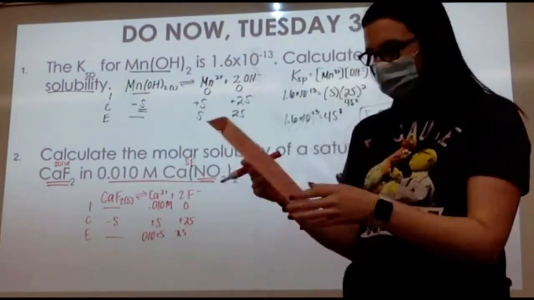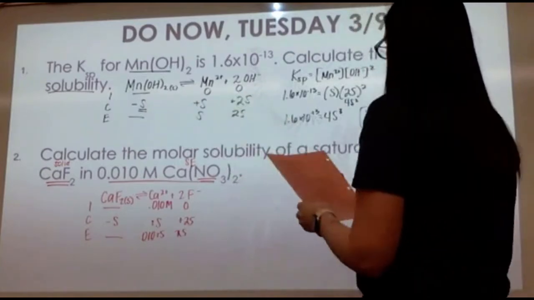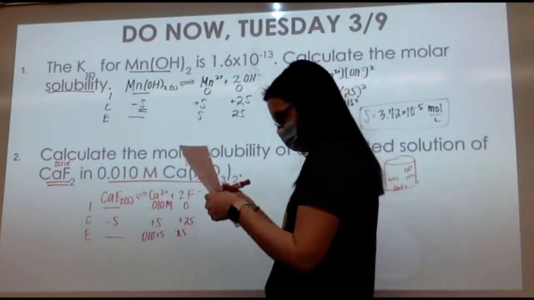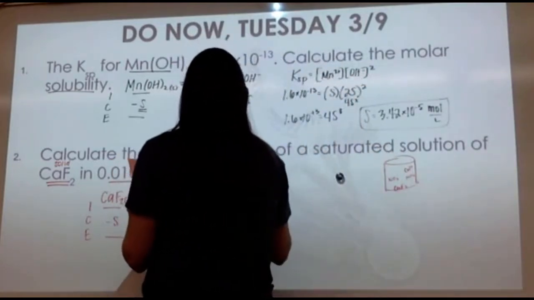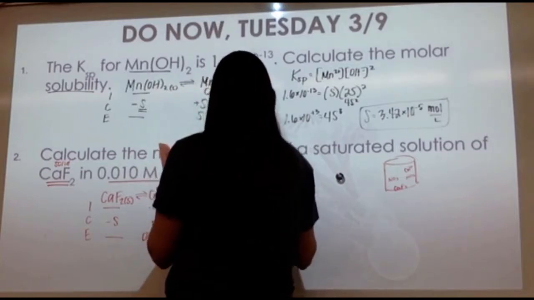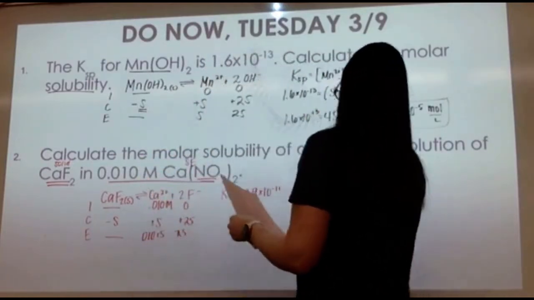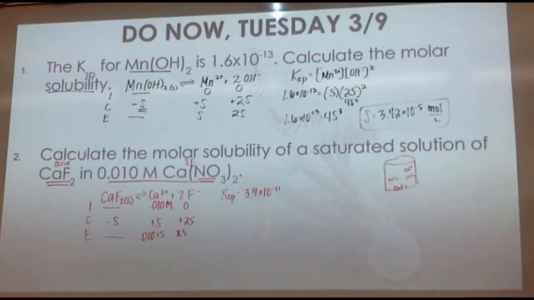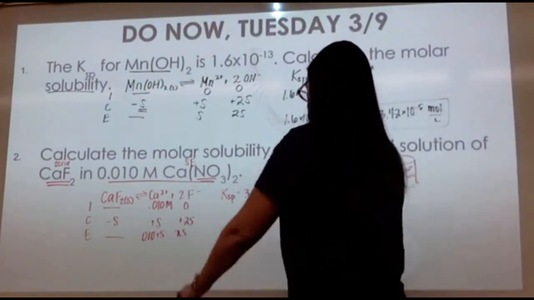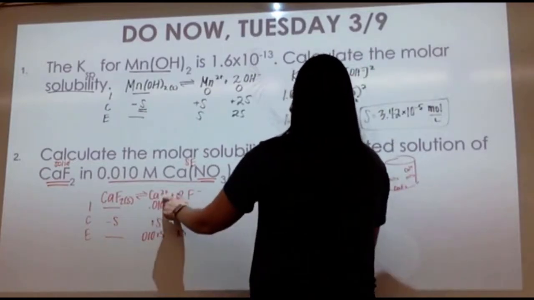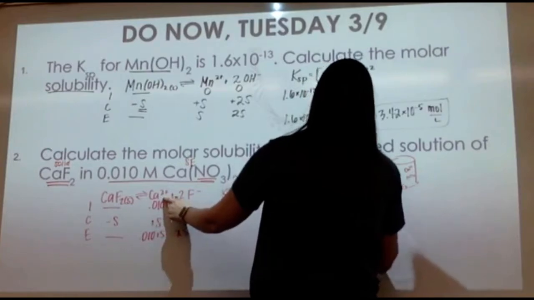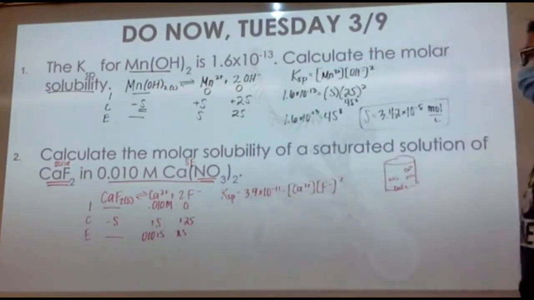And so what we can do is look under Ksp for calcium fluoride. Calcium fluoride has a Ksp value of 3.9 times 10 to the negative 11. Here's the Ksp expression.